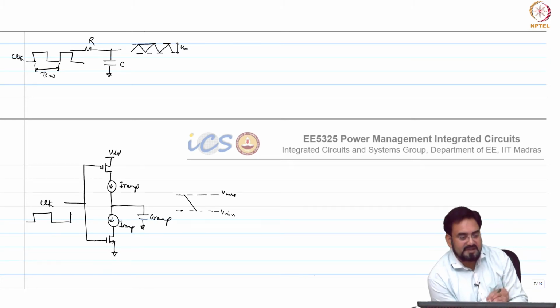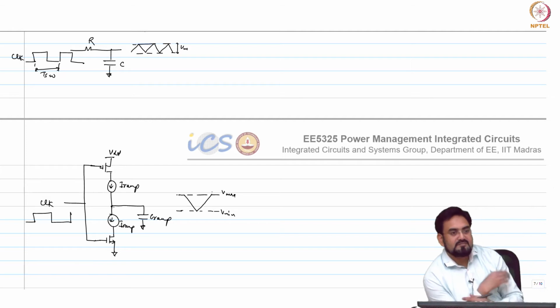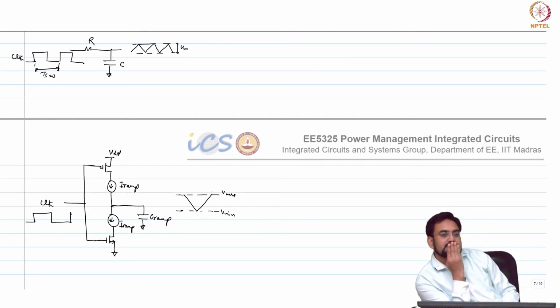When it goes to Vmin, it will charge. Yeah, but those IRAM, the current sources, these are not ideal current sources, so if one of them. No, so that's what I am asking. What is the problem? You are not able to define properly what the problem is.